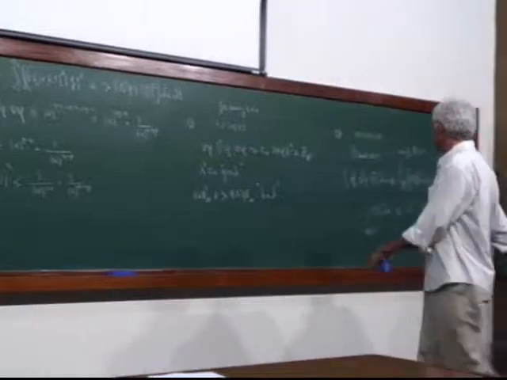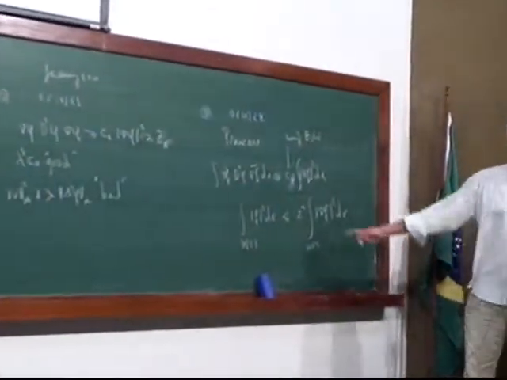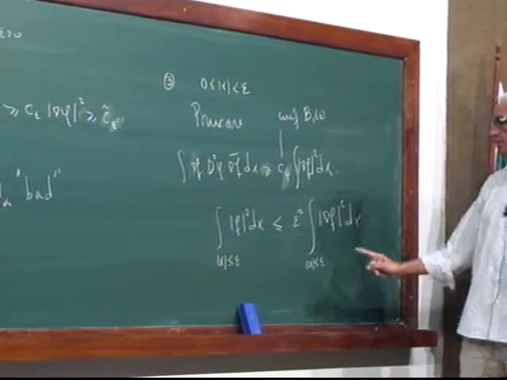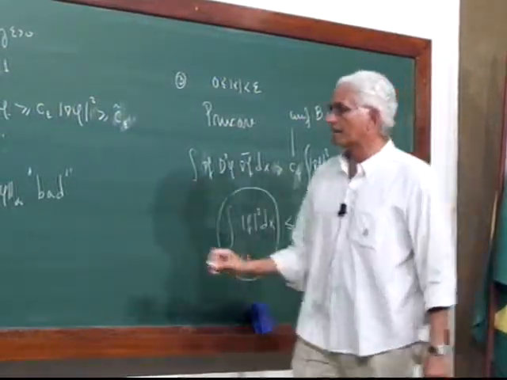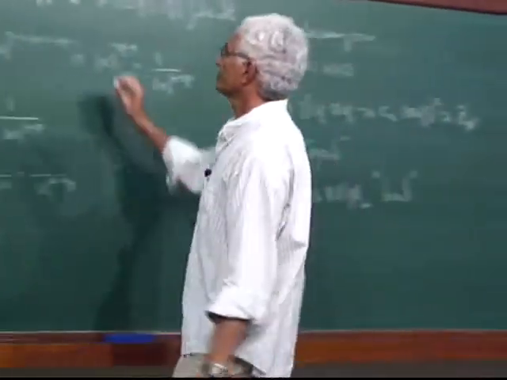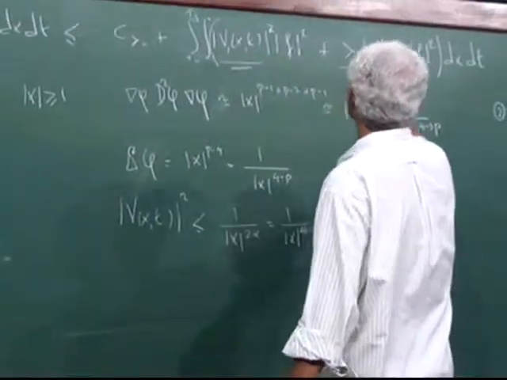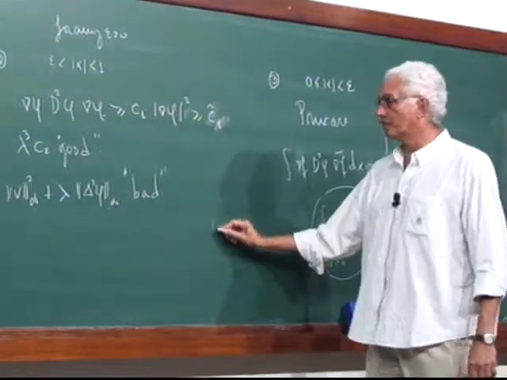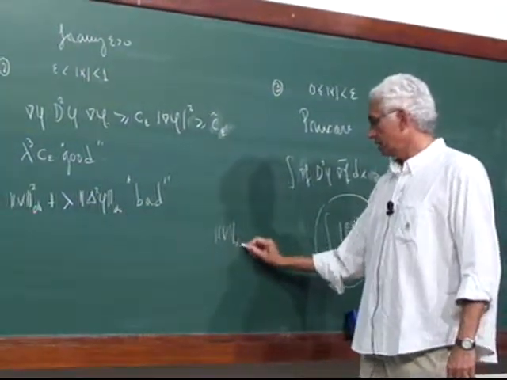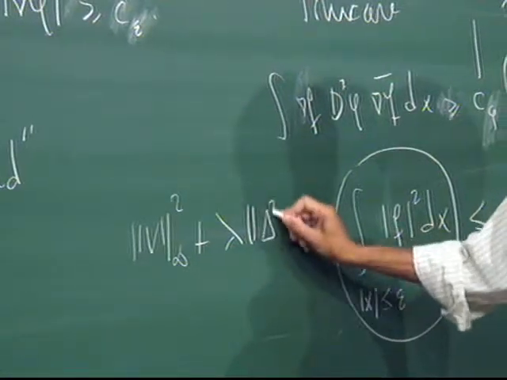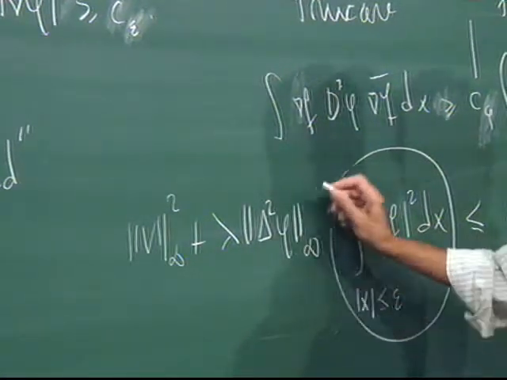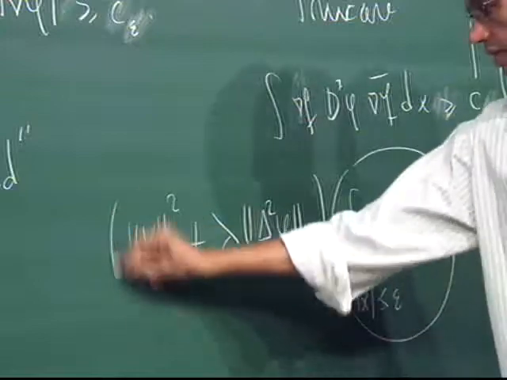Is this okay? Then what do you want to control? You want to control this part multiplied by this quantity. I mean, you need to control this part, multiplied, roughly speaking, by this square plus lambda times this L infinity.